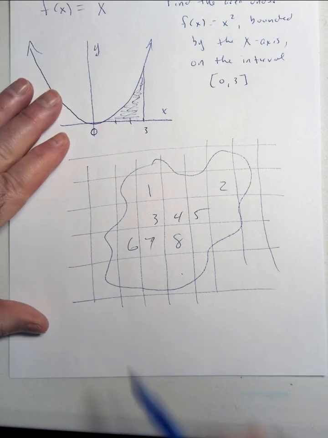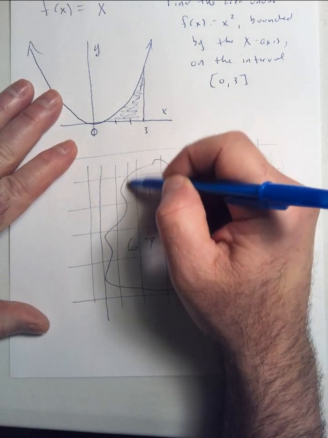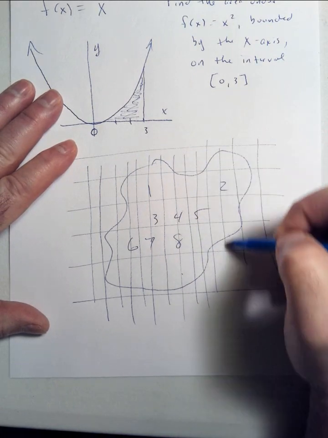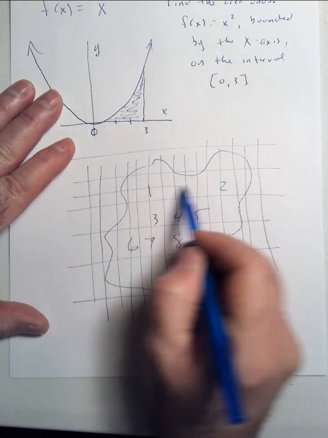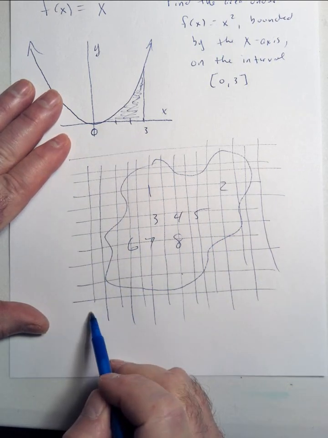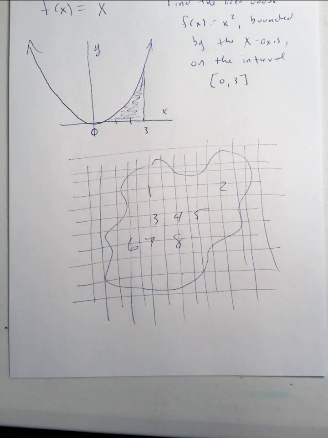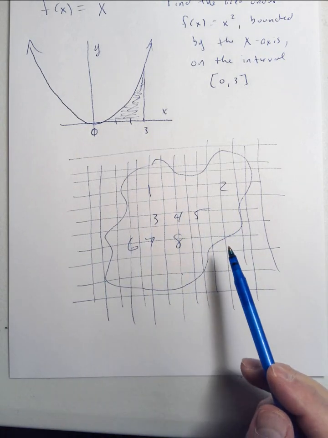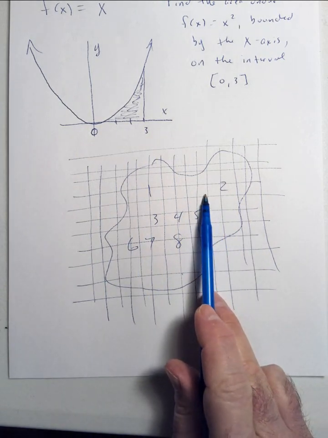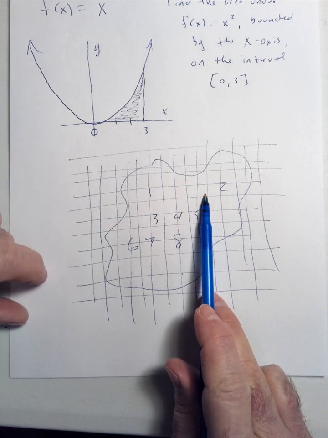Well, to make it better, we would start cutting those squares in half, right? So in this particular case now, we've got a lot more inside, but now each square represents a quarter of what it used to, right? It's 1/4 of a square mile.